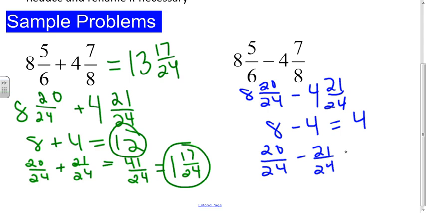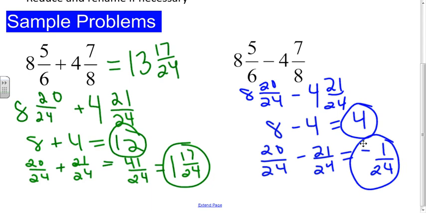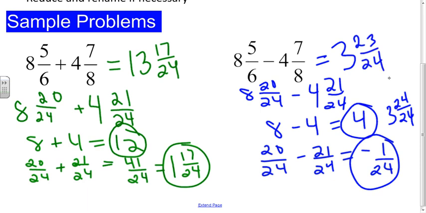Well, 20 minus 21, that's a negative 1 24th. Well, what do I get when I take a positive 4 and I add a negative 1 24th to that? Recall from the previous page, that's going to give us a 3, right? Because 4 is equal to 3 and 24 24ths. And I'm just going to subtract 1 from the numerator, 3 and 23 24ths.